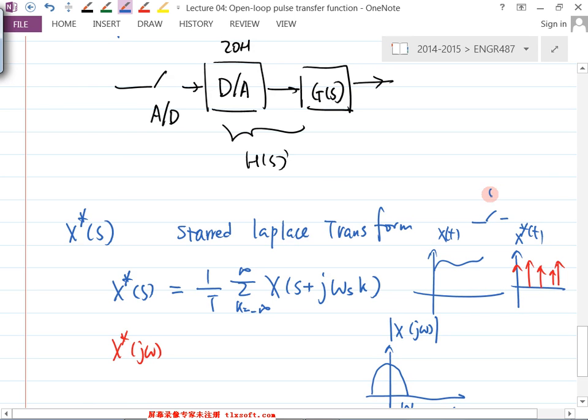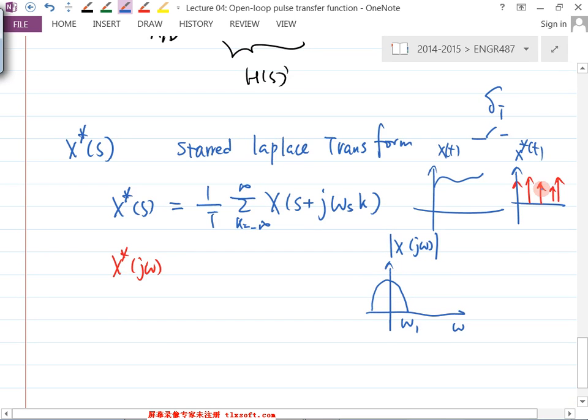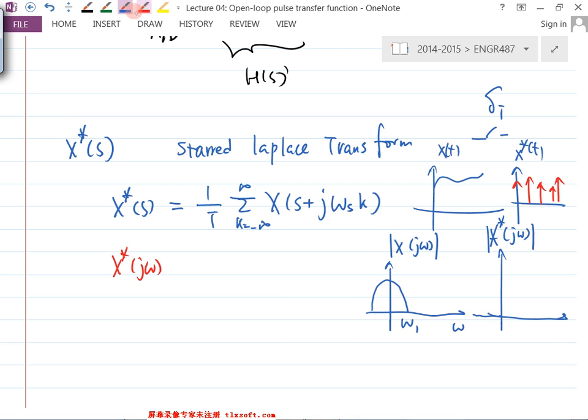The difference between these two is basically an impulse sampler. Now looking at the frequency spectrum for X star of j omega, the difference is this bump here. The magnitude might be different.